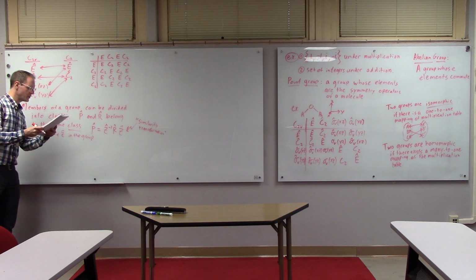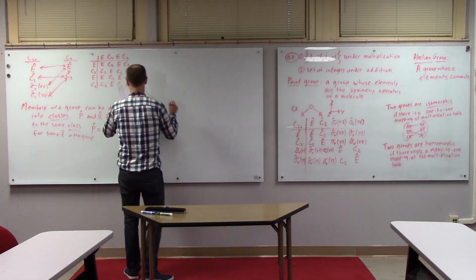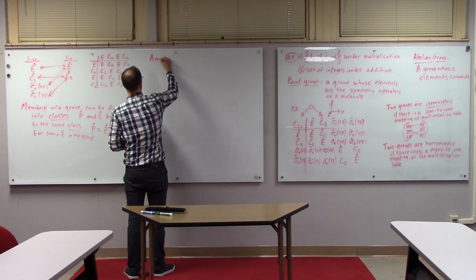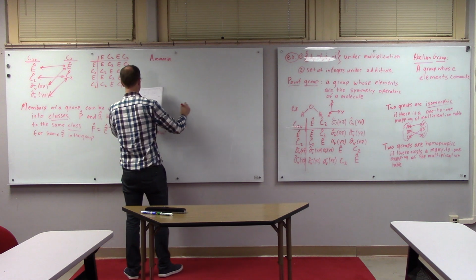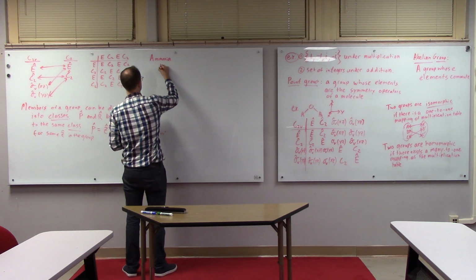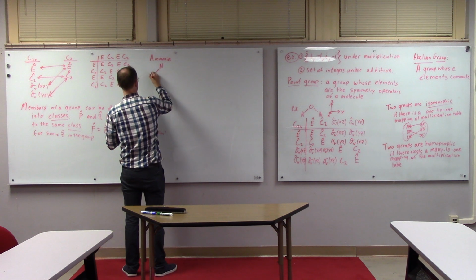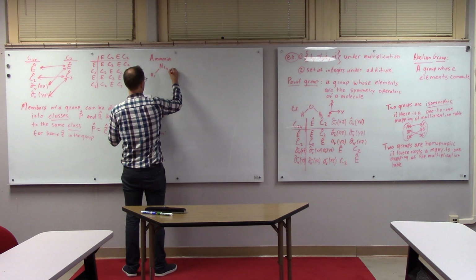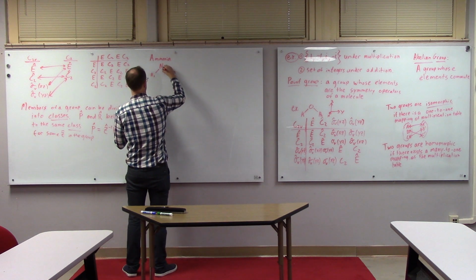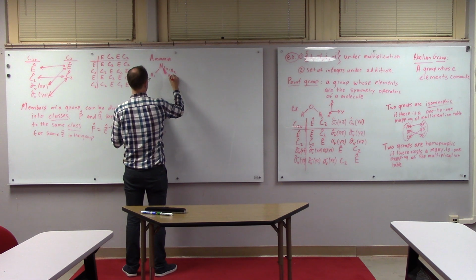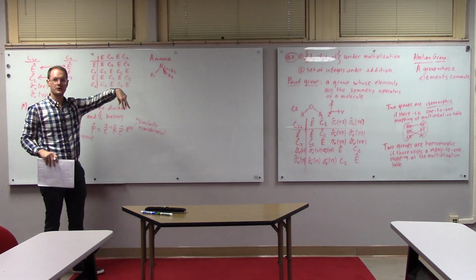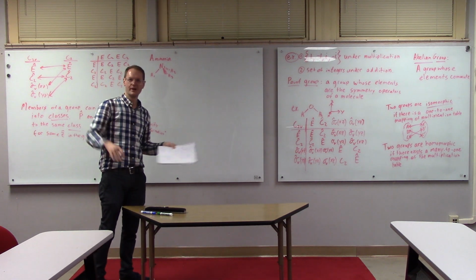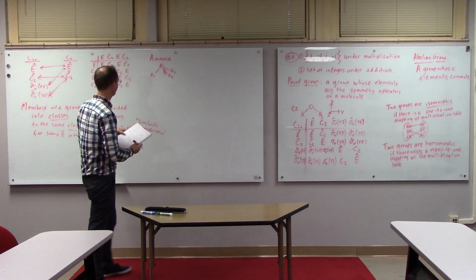So if you consider ammonia, NH3, this has a trigonal pyramidal geometry. We're not going to consider the umbrella inversion.